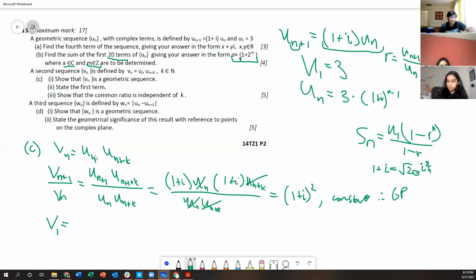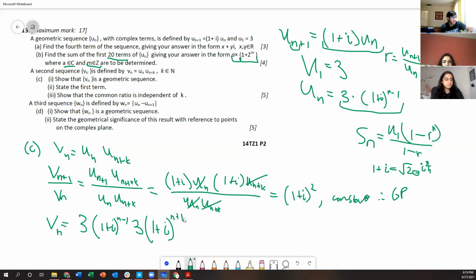U of n is going to be 3 times 1 plus i to the n minus 1. And then u of n plus k would be 3 times 1 plus i to the n plus k minus 1. Is that correct?